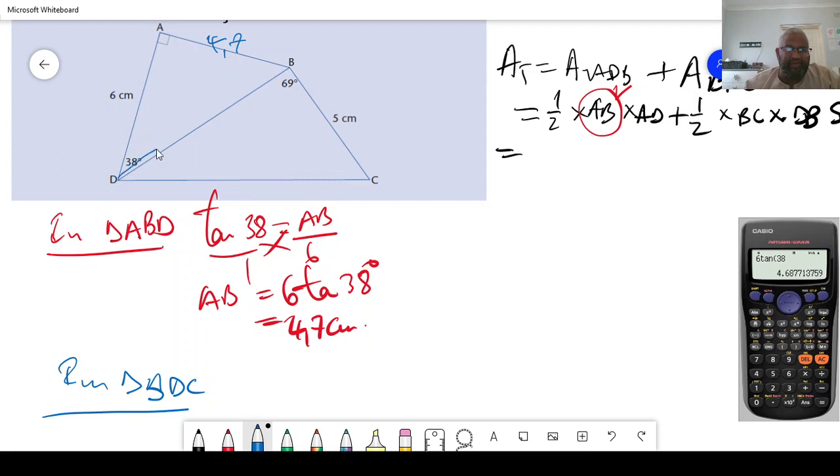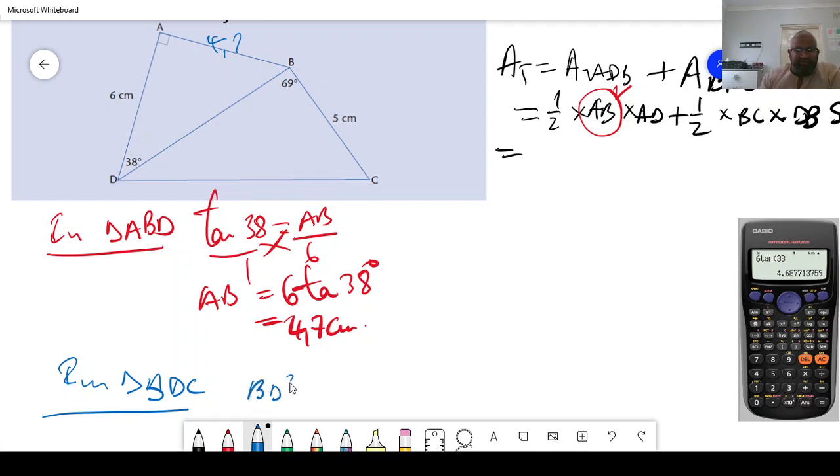So I can apply Pythagoras and get this length. Why Pythagoras? Because it's a right angle triangle. Or I could have said, this is your adjacent and hypotenuse, so I can use cos, which is adjacent over hypotenuse. Either one would get you the right answer. So I'm going to go with Pythagoras.